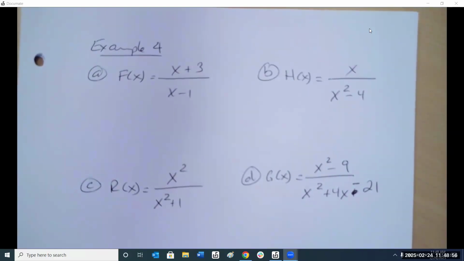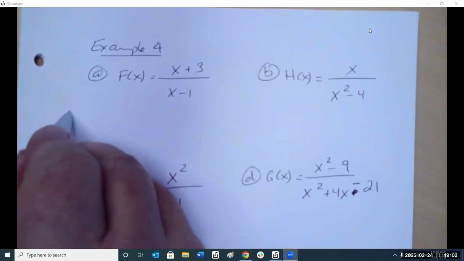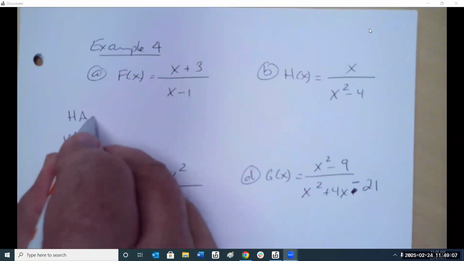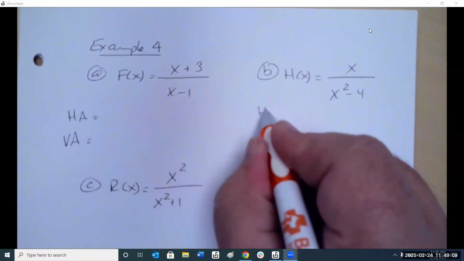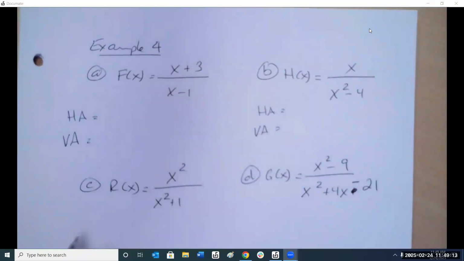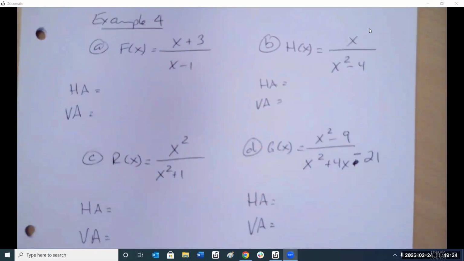But I'm going to say let's go for both. Tell me the horizontal and the vertical asymptote of each of these, if possible, because we haven't formally defined them yet. So that's what we'll look at in a second.